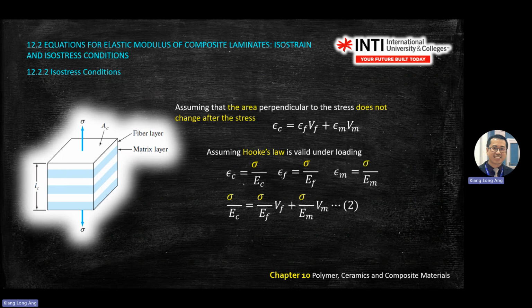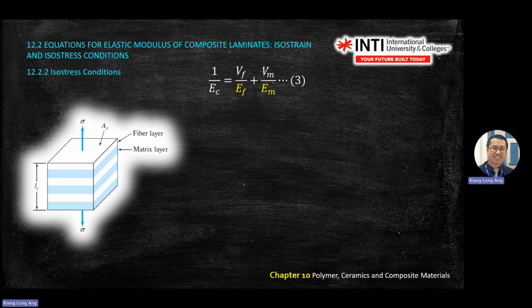Okay. So when you substitute into here, then you factor out all the stress. Because it's isostress, you cancel the stress, you'll get 1 over E. Okay, you arrive at this equation.